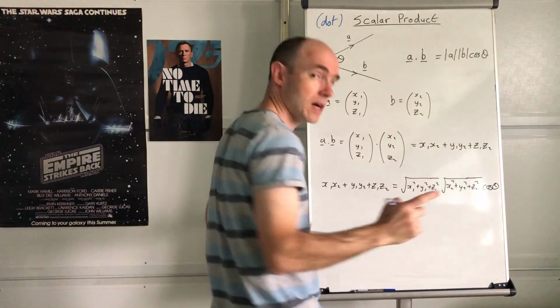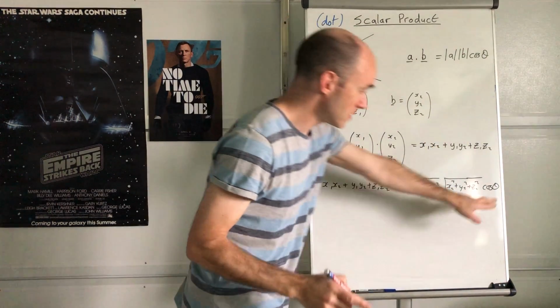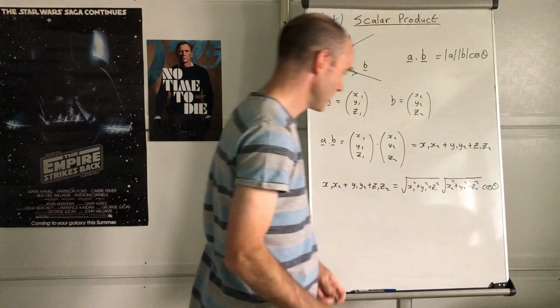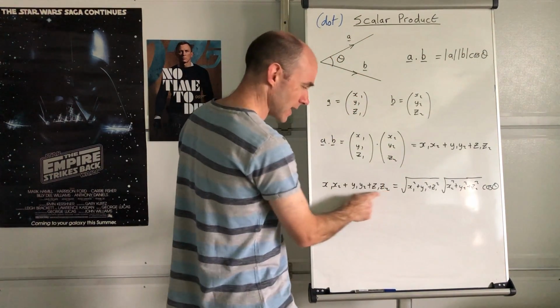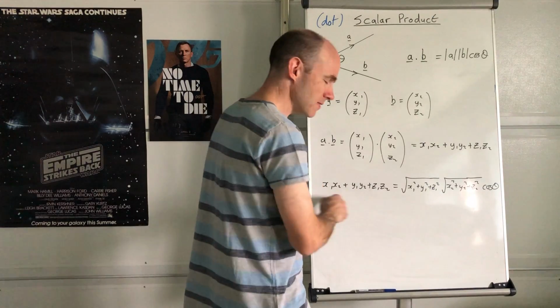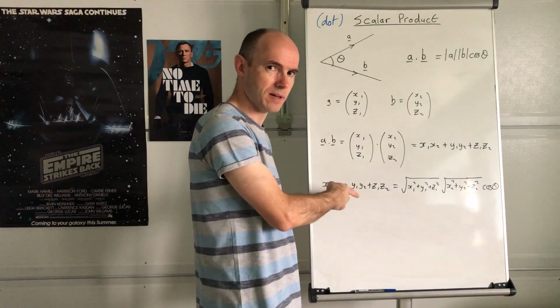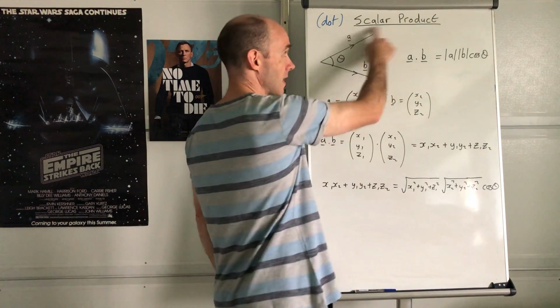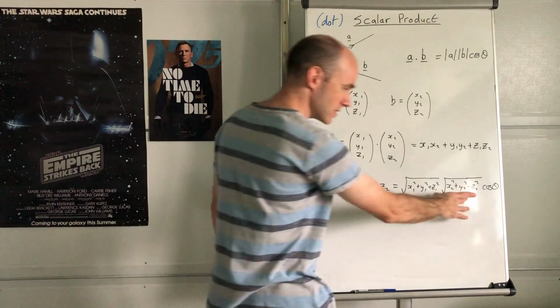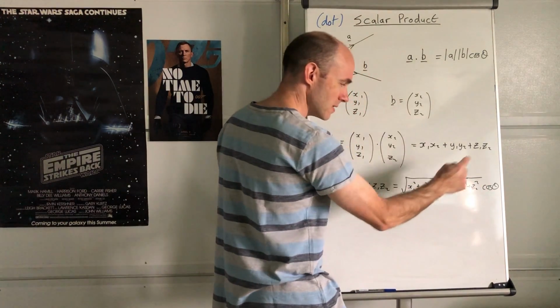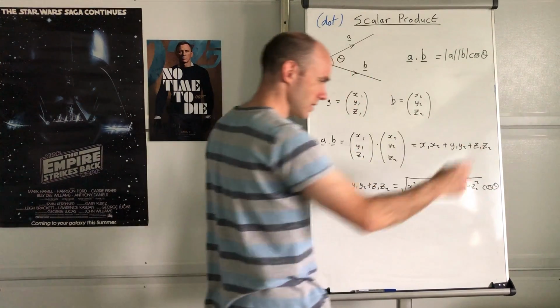The only unknown is theta, because you'll be given what these are, so you can work out that. That gives you a number, a scalar value. Hence scalar product: it gives you a scalar. On this side, it gives you a number times another number times cos theta.